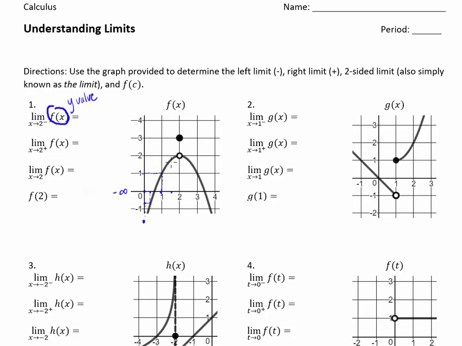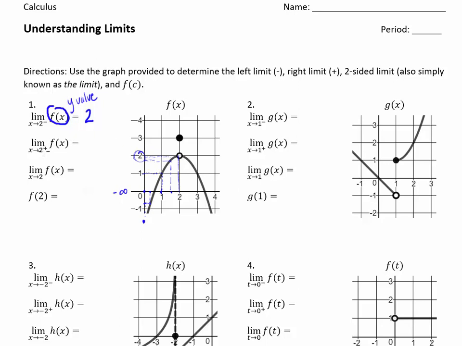At 1.5, our y value is pretty close to 2. See how that works? And what happens if we get 1.999999999? We're going to get pretty darn close to 2. As we get closer and closer to 2, our y value is getting closer and closer to a y value of 2 from the left.